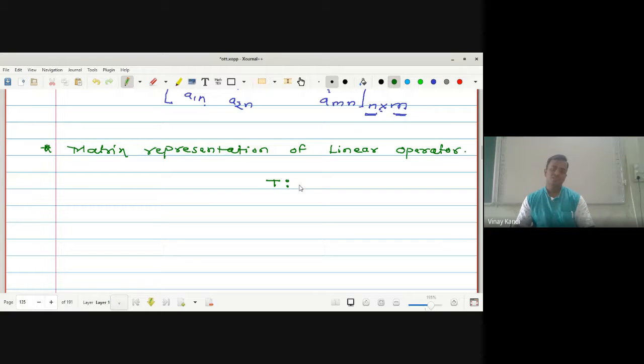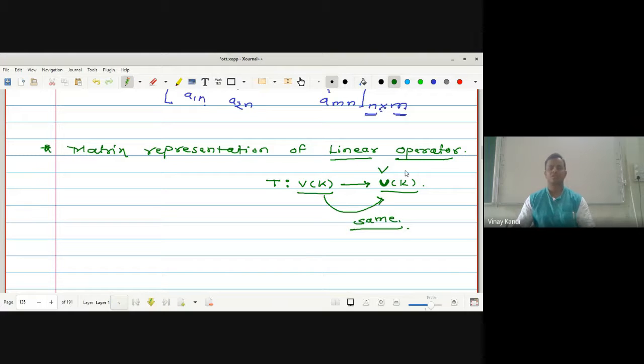A linear transformation over the vector space V over K to V over K. That is, in our linear operator, your domain and codomain must be the same. So this is the definition of a linear operator. What is a linear operator? A linear transformation with the same domain and the same codomain. If here it is U, then this is a linear transformation; if here it is V, then it is a linear operator. Domain and codomain must be the same. So this is the definition of a linear operator.